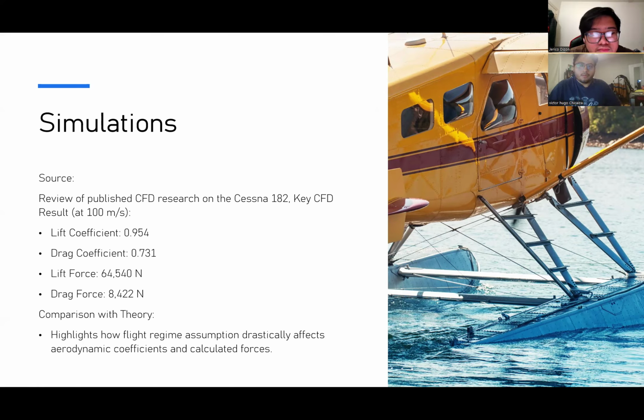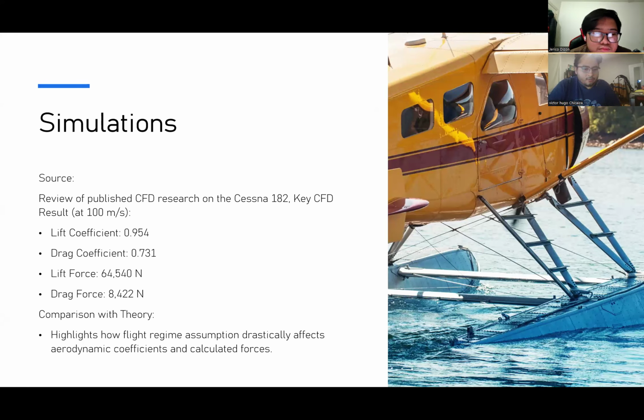They showed how they used the CFD simulator with the Cessna 182 at a constant speed of 100 meters per second, and they got a lift coefficient of 0.954, a drag coefficient of 0.731, a lift force of 64,540 newtons, and a drag force of 8,422 newtons.